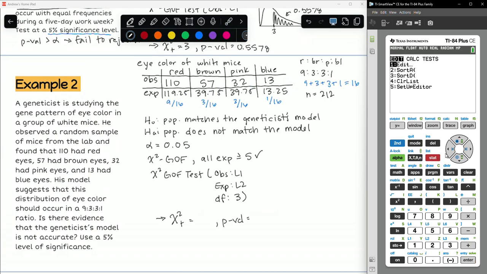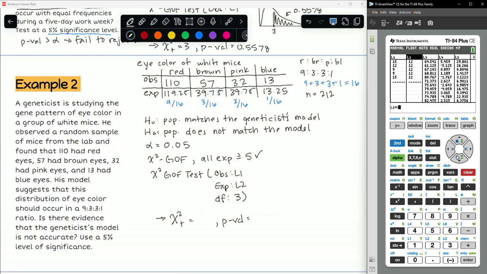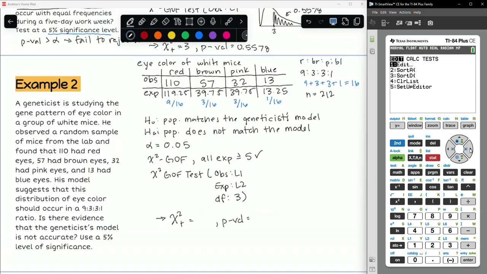So let's go ahead and get that in our calculator real quick. And then stat tests chi-squared GOF.